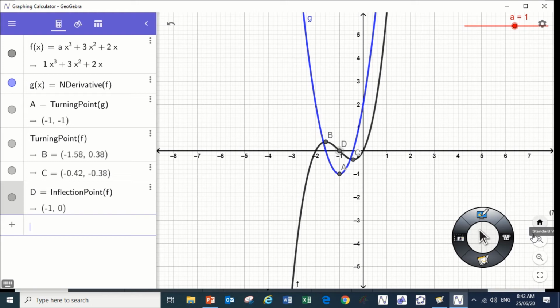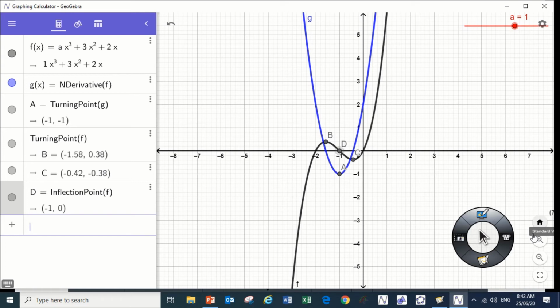So if you are given the quadratic graph and they ask you to sketch the cubic, you need to know that the x value at the turning point of this quadratic graph is the x value at the point of inflection. Can you write that down? So that's your first point. I want you to write the relationship between the quadratic function, or the first derivative, and the cubic graph.